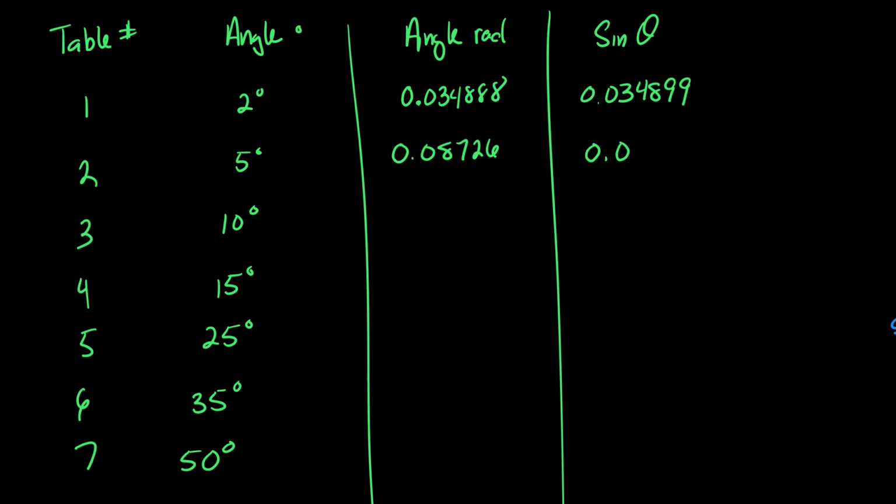I have 0.57357. No, you don't. 0.057? No. That is not the sine of 5 degrees. I believe you may have made a mistake. 0.087.